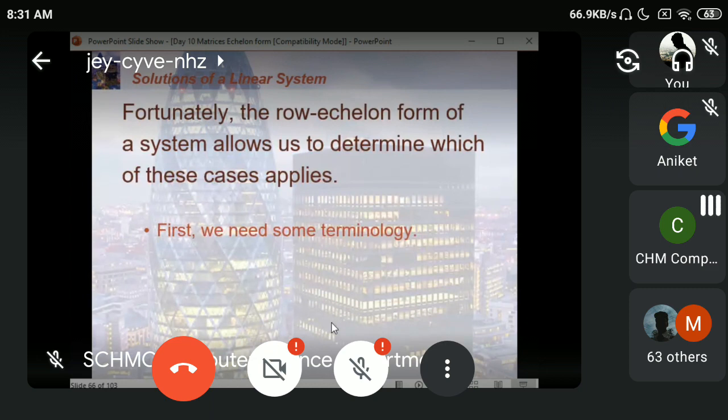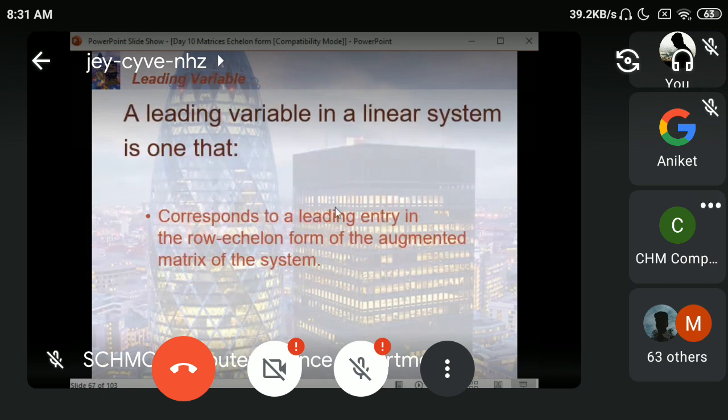Fortunately, the row echelon form of a system allows us to determine which of these cases applies. So first we will see the terminology and then we'll proceed. A leading variable in a linear system is one that corresponds to a leading entry in the row echelon form of the augmented matrix of the system. Now what do I mean by this?